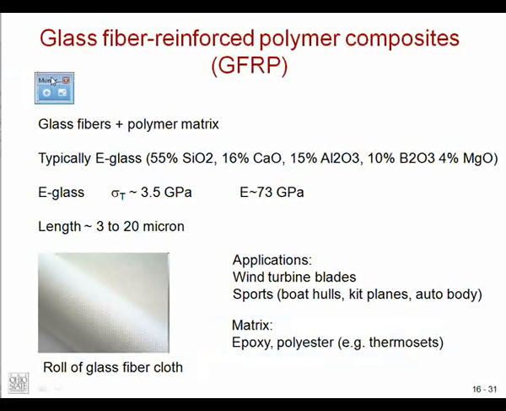Okay, so what do we reinforce? What are some of the most common polymers? Glass fiber is one of the most common because it's not as expensive as the carbon fibers, obviously. Typically we use e-glass, which is a mixture of other things added to silica. And it's got some good properties.